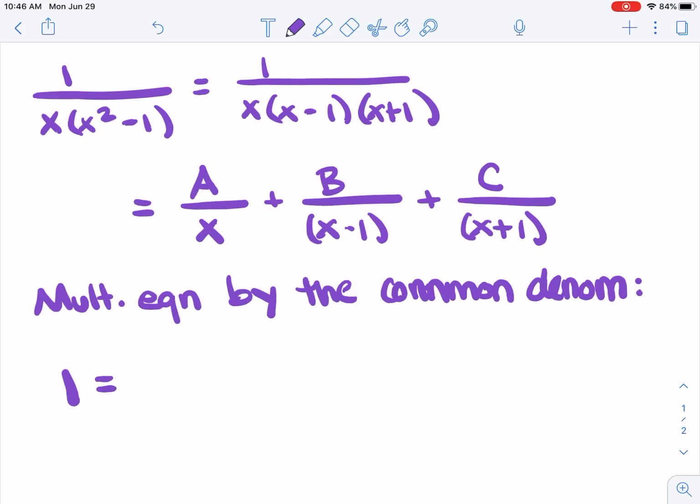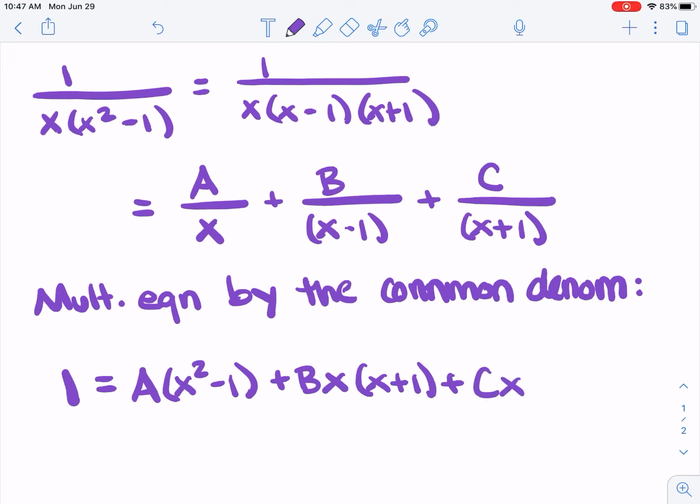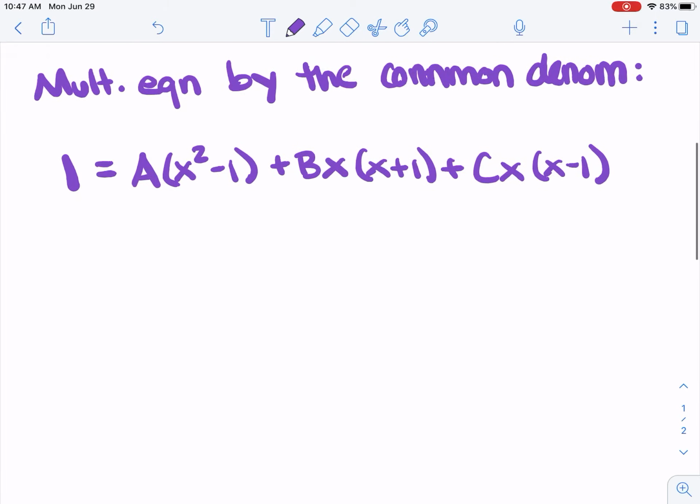And on the right-hand side, different parts will cancel. So we'll have a times x squared minus 1 plus b times x plus 1 plus c times x minus 1. In each one of those terms, some part of this thing is going to cancel and some part is going to remain. So now this is our equation.